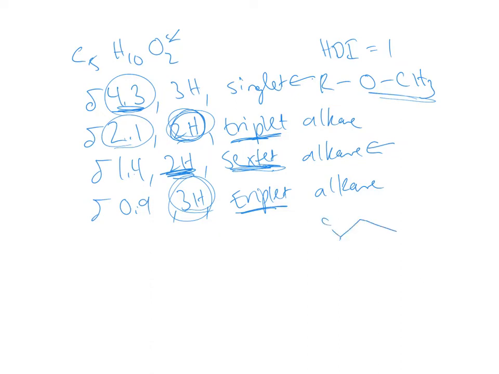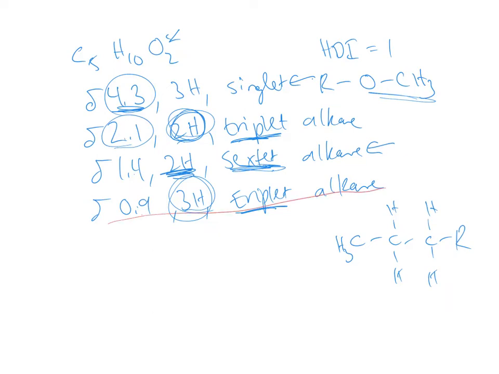So we have a CH3, let me draw that again. Look, erasing, it's magical. So we have a CH3, and then a CH2, and then a CH2, and then an R group, right? So we have our CH3, that is this signal.